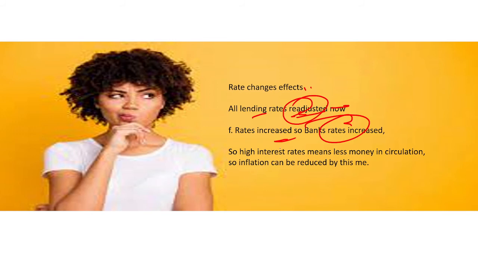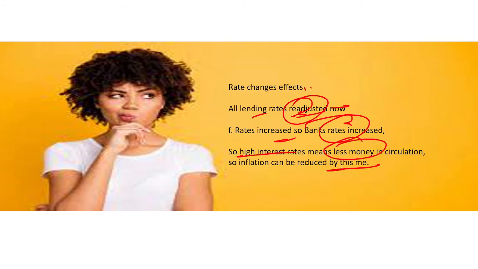So there will be a situation of high interest rates on everything, right? So if there is a high interest rate, then obviously no other banks or private institutions or individuals will take any unnecessary loans, right?